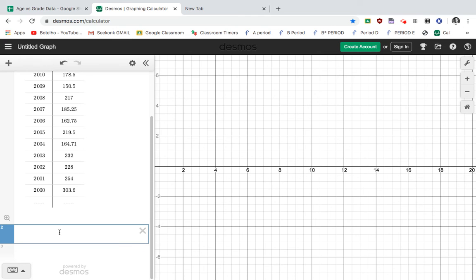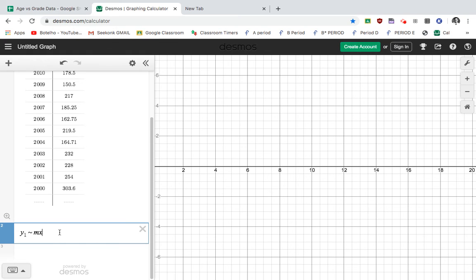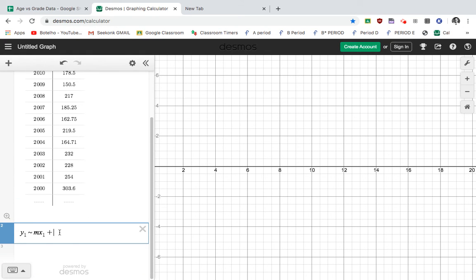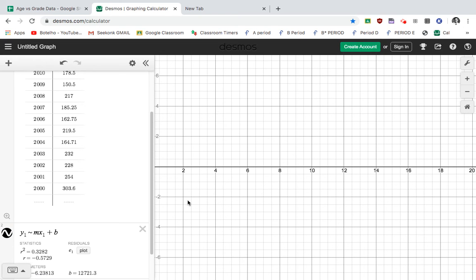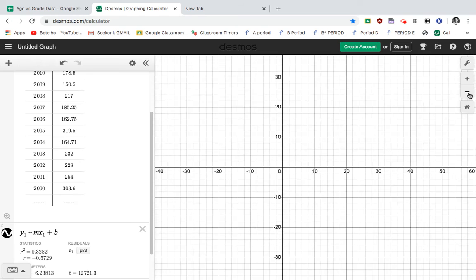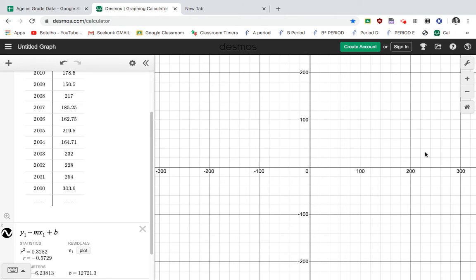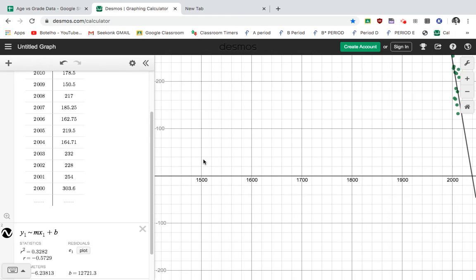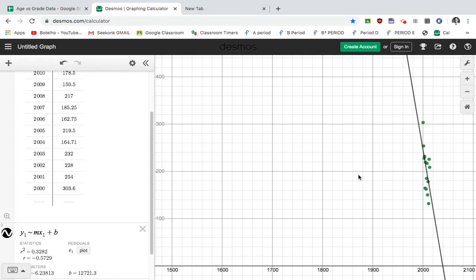So let me put the line of best fit, see what happens. Y1 squiggle line, MX1, plus B. Okay, so let's see, still don't see it. I'm going to have to zoom out. I guess I have to move all the way over to the 2000s. Oh, there we are. There's the data.